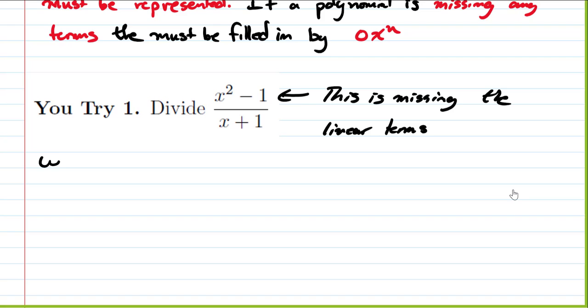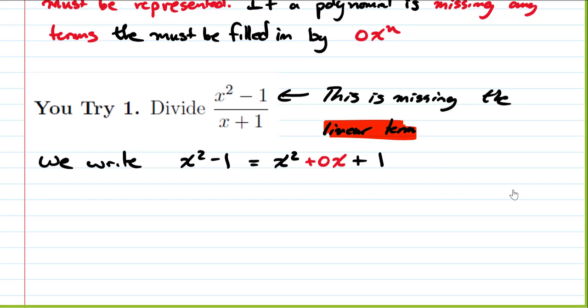So we rewrite x squared minus 1 as x squared plus 0 times x plus 1. So we're missing this linear term here, and we fill it in, and we didn't change anything when we did this because 0 times anything is 0, and when you add 0 to something, it doesn't change it.